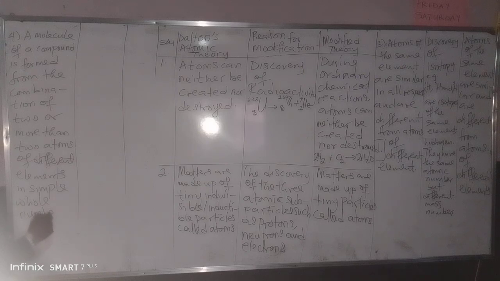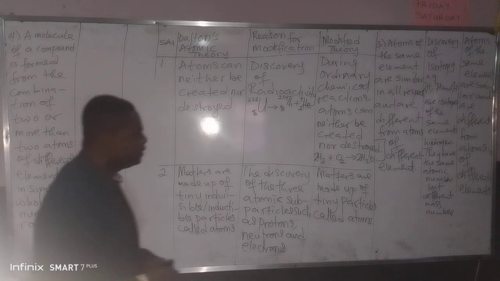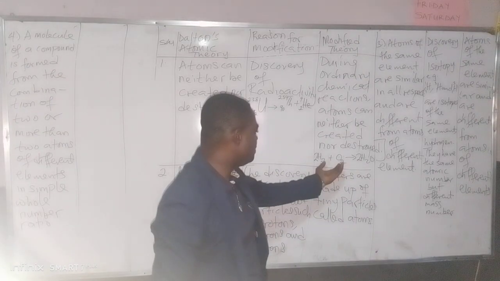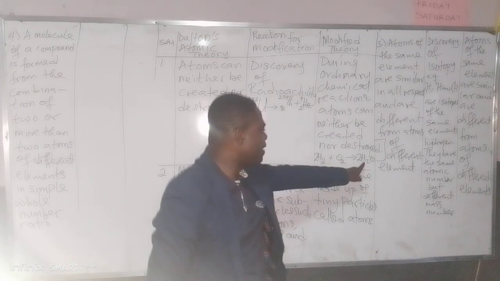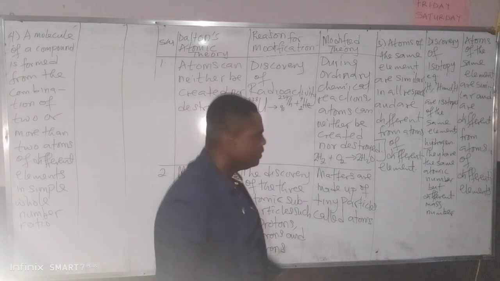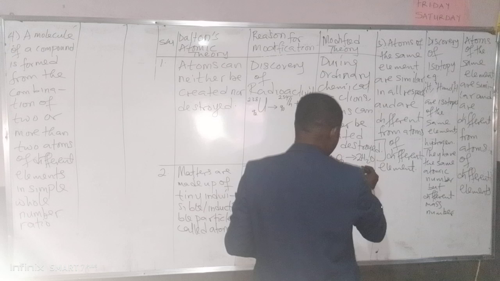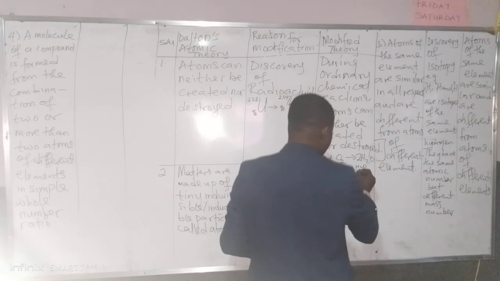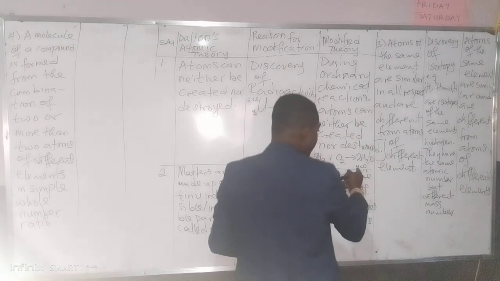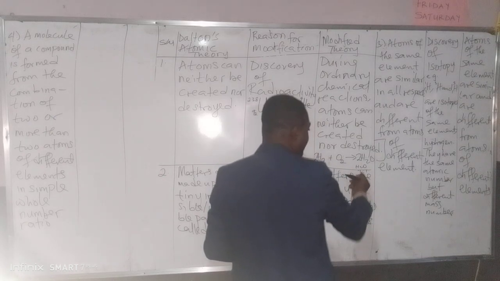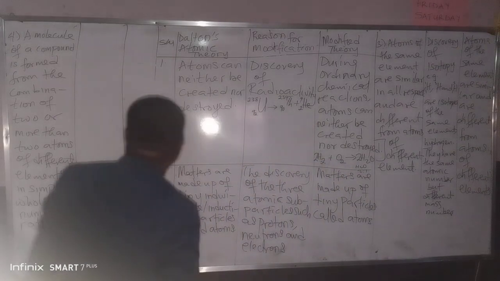This way it causes problem. It is truly from here. This is an element. When they combine, they form a molecule, they form compound. And in this molecule of water, if it is H2O, you have 2:1. The ratio of hydrogen atom to oxygen atom in this place is 2:1. That's what he meant by simple whole number ratio.